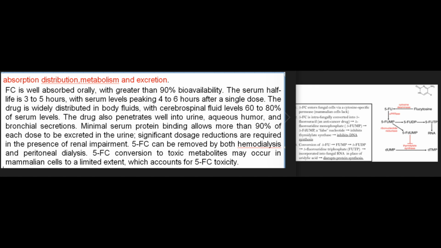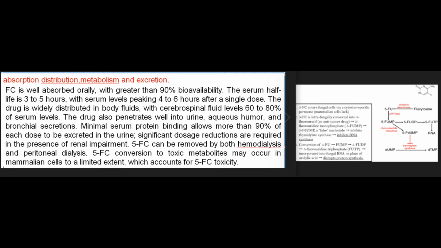5-FC is well absorbed orally, with greater than 90% bioavailability. The serum half-life is 3 to 5 hours, with serum levels peaking 4 to 6 hours after a single dose. The drug is widely distributed in body fluids, with cerebrospinal fluid levels 60 to 80% of serum levels. The drug also penetrates well into urine, aqueous humor, and bronchial secretions.